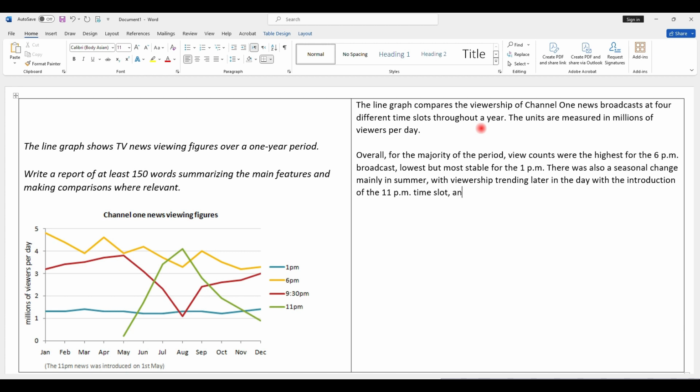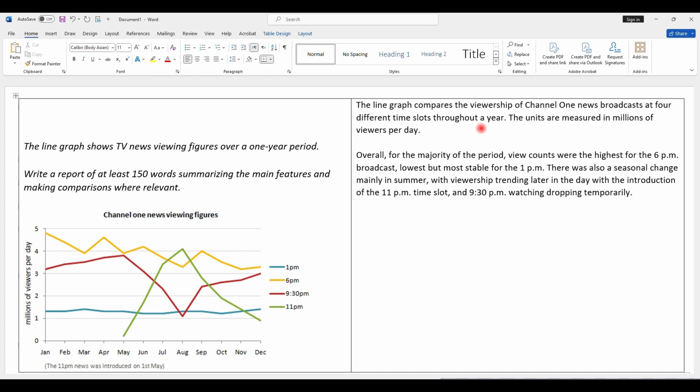Okay, I'm talking about the second rise for the red one at 9:30 p.m., watching it dropping temporarily.